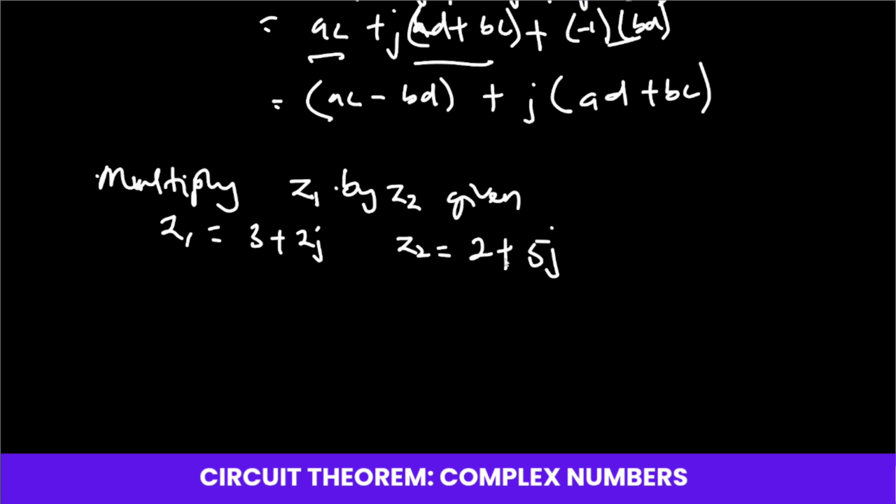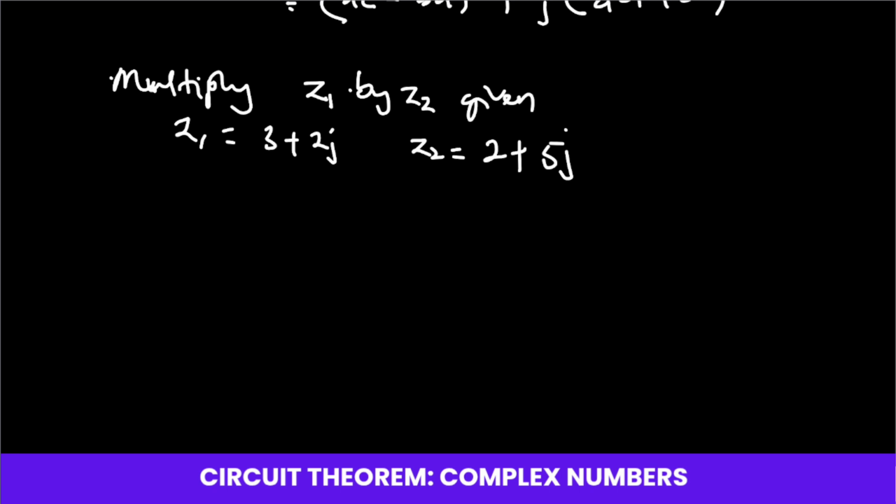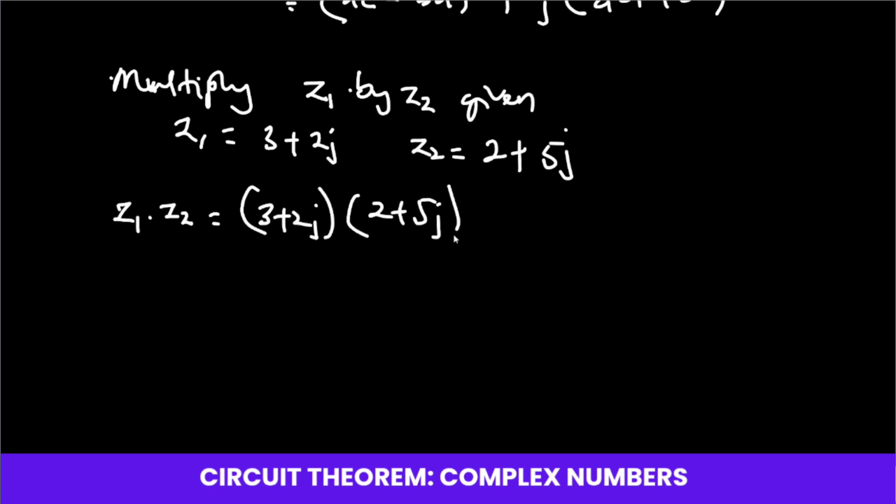Or you can say j5, j2, 2j, they are all the same. Okay, so from what we know, z1 multiplying z2 will be equal to 3 plus 2j multiplying 2 plus 5j.